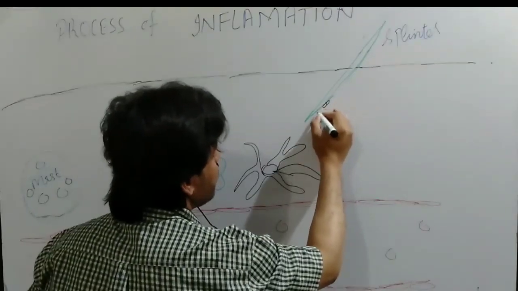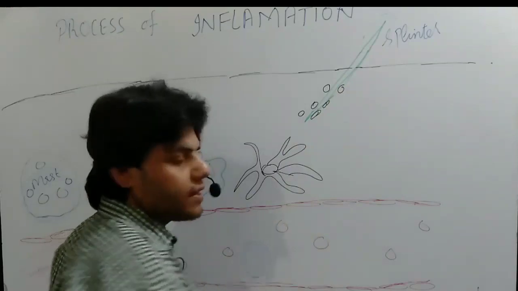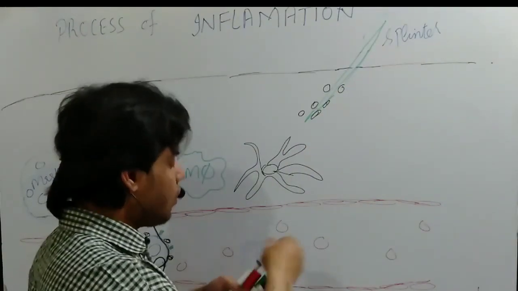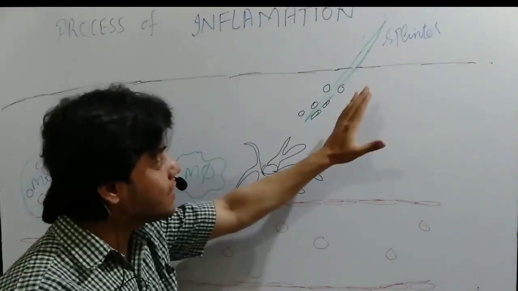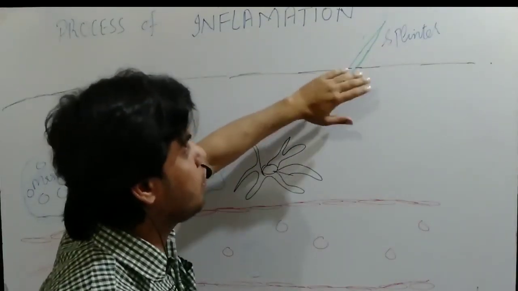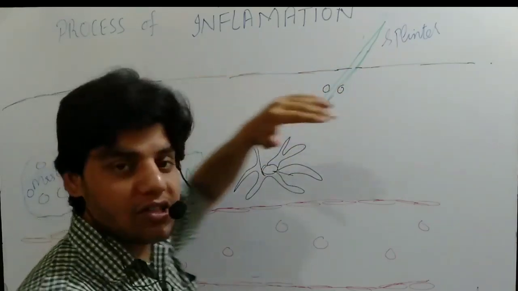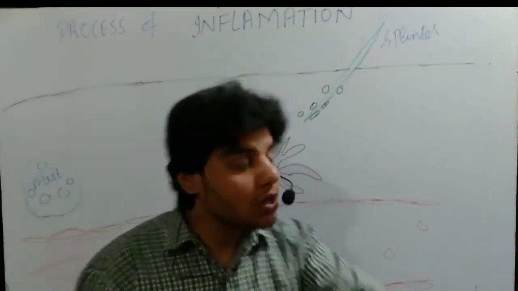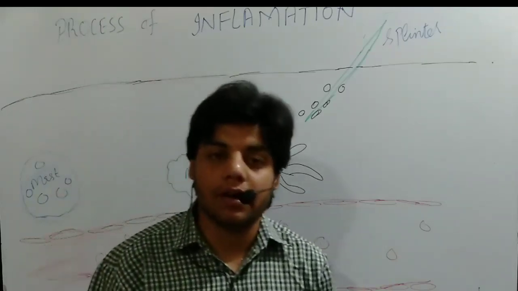So let me draw these microbes: bacteria, viruses, fungi, any kind of microorganisms. After that, due to this rupture or penetration, the cells present in the skin area become damaged, and each damaged cell releases different kinds of chemicals.